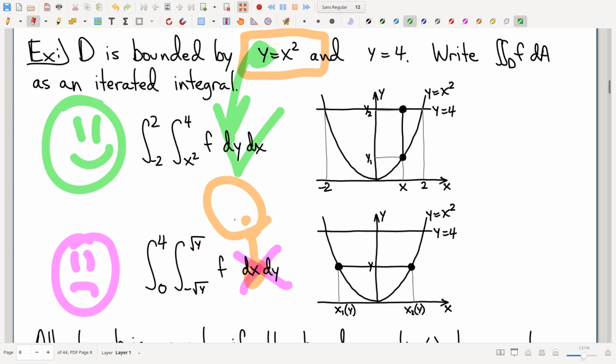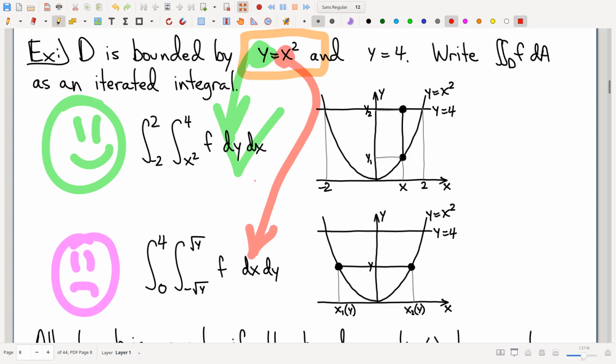And because I don't want to have to solve for x, I do not want to put dx on the inside. That make sense? That's a good little pithy observation to keep in mind when you're trying to decide which way to slice. Look at the equations that describe your region and ask yourself, what do you want to solve for and what do you definitely not want to solve for?